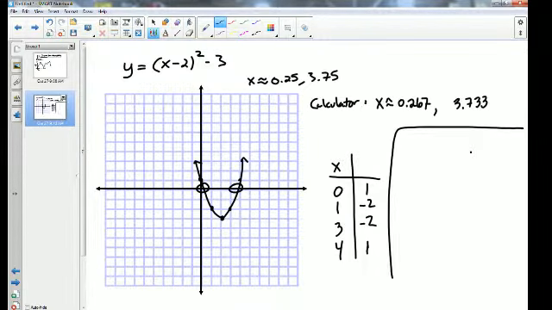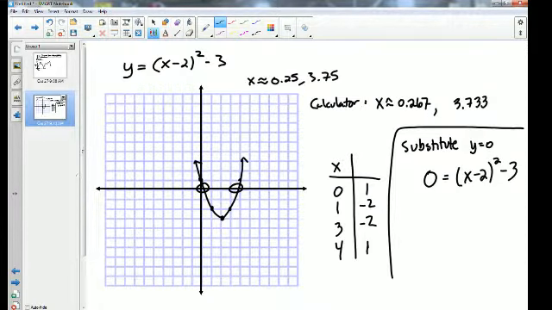One algebra method, if you want to be perfect, is to substitute zero for y. Okay, this y value is 0, correct? Right. So if I do 0 equals that. With these parent function and family of function style of quadratics, this is very easy to solve.